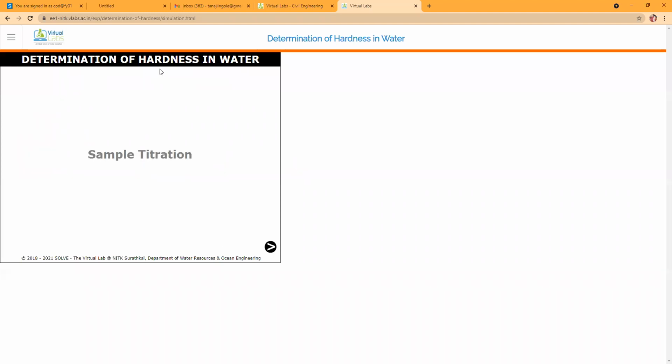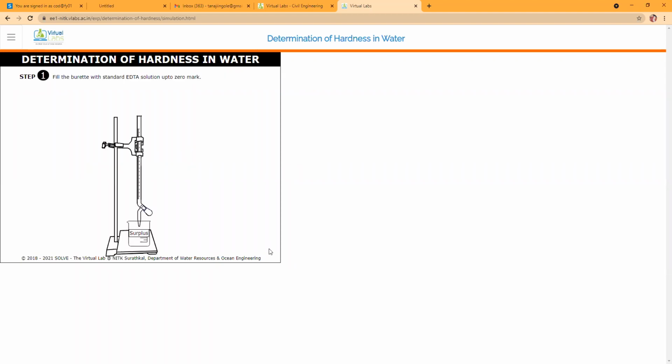Next part, determination of hardness in water, sample titration. Fill the burette with standard EDTA solution up to the 0 mark by using a funnel. This is the funnel.